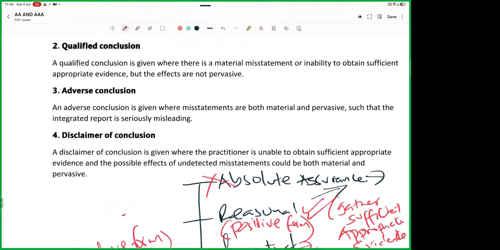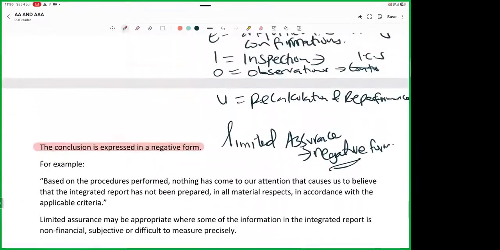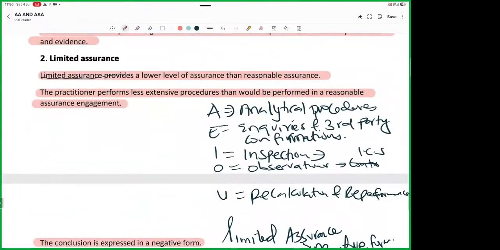All right. Now, gentlemen, please listen to me very well. Limited assurance provides a lower level of assurance than reasonable assurance. The practitioner, which is the auditor here, performs less extensive procedures than would be performed in a reasonable assurance engagement.